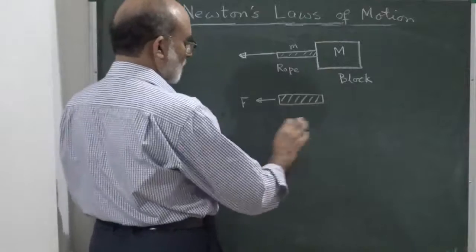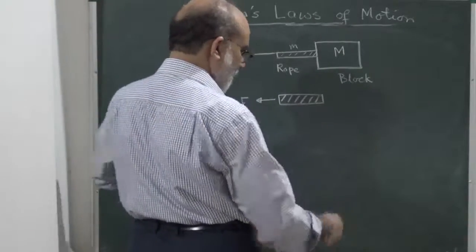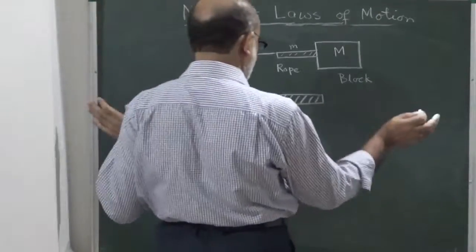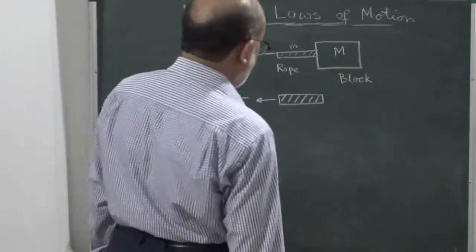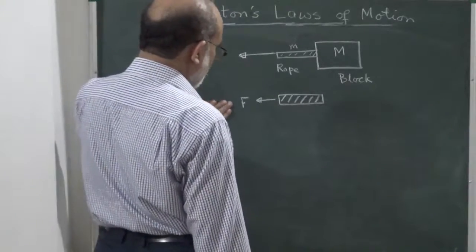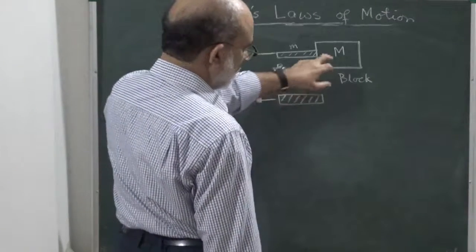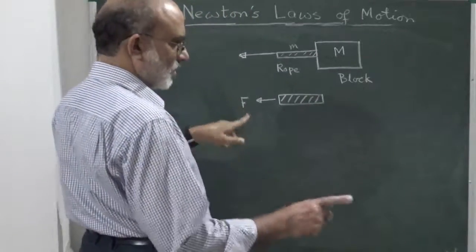We assume the motion is only along the horizontal, so we are not discussing the effect of gravity, and suppose there is no friction, it's moving on a frictionless table. So if the rope is our system, the surroundings are the block and the agent which applies the force.